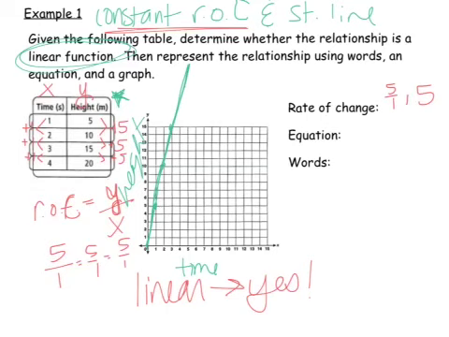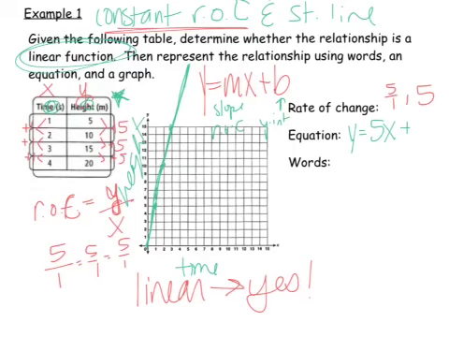For the equation, we're basically going off of y equals mx plus b. M is our slope, or rate of change, and b is our y-intercept, or when x is 0, what would your y be? In this case, it's 0. So our equation is y equals m, which is 5x, plus our b, which is 0.